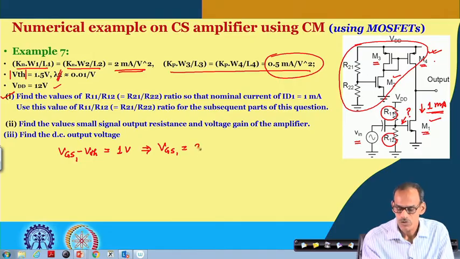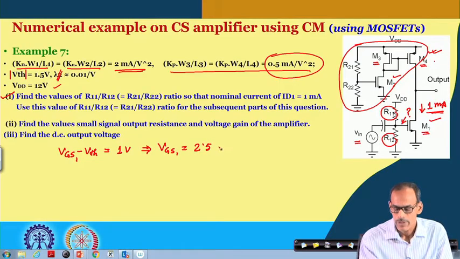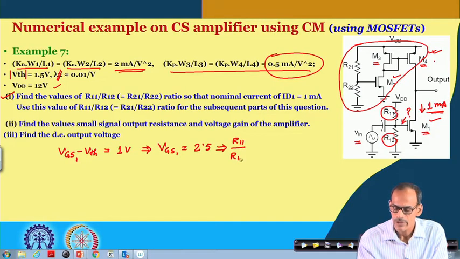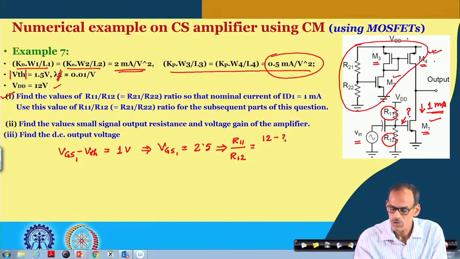and that gives us VGS1 equals 2.5. That gives us the ratio R11 by R12 equals VDD, which is 12 volt, minus 2.5, divided by 2.5.